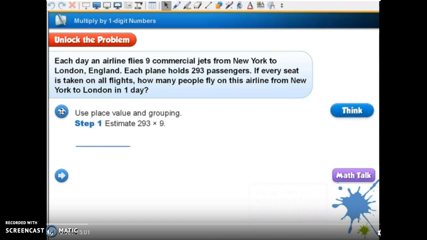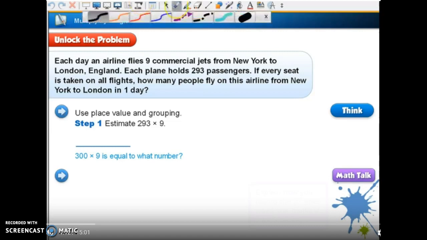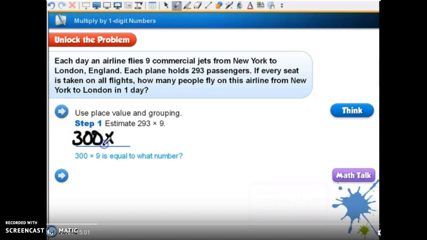Use the place values and grouping. We're going to estimate. Okay? So what would 293 round to? 300. Okay? So 300 times what? 9.